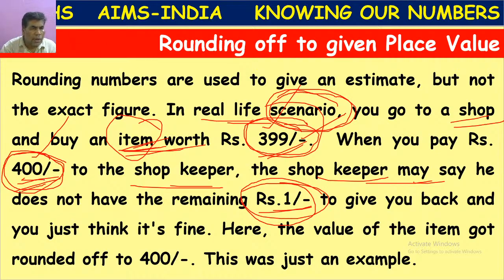Because there is no change, you are rounding off 399 to 400 rupees, and the item cost became 400 rupees. In this kind of case, we will come across the rounding off concept. Okay. Let's see the example.